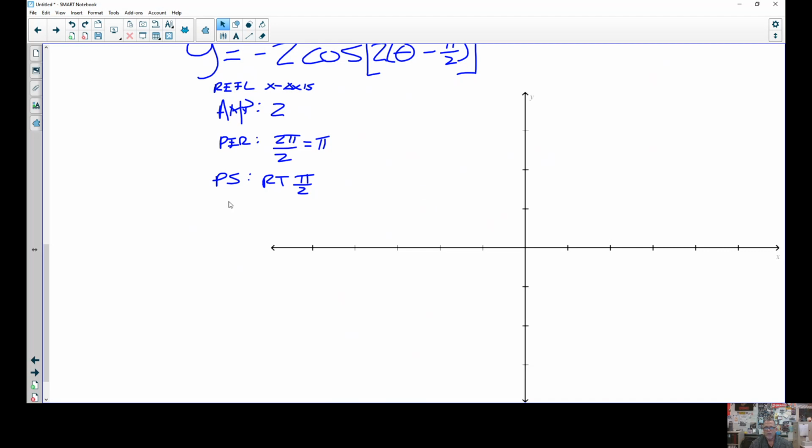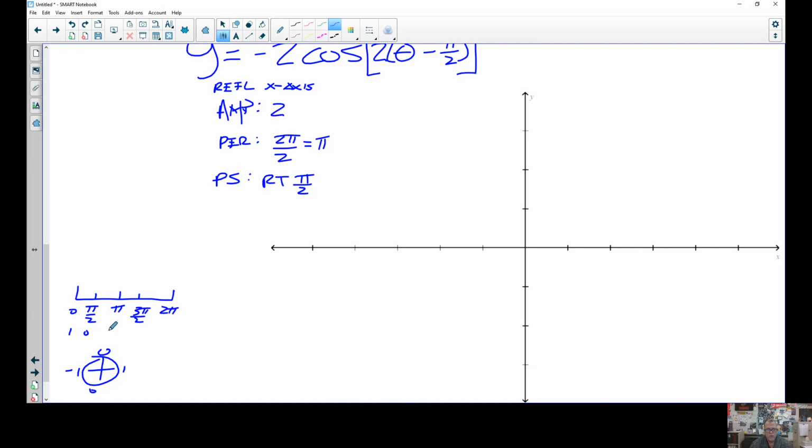All right, so we've got this set up. So again, if we talk about doing, whoops, I need my right marker. If I do this, I know normally I'm going 0, pi over 2, pi, 3 pi over 2, and 2 pi. All right. I know also that this is a cosine function, so cosine is 1, 0, negative 1, 0, back to 1.